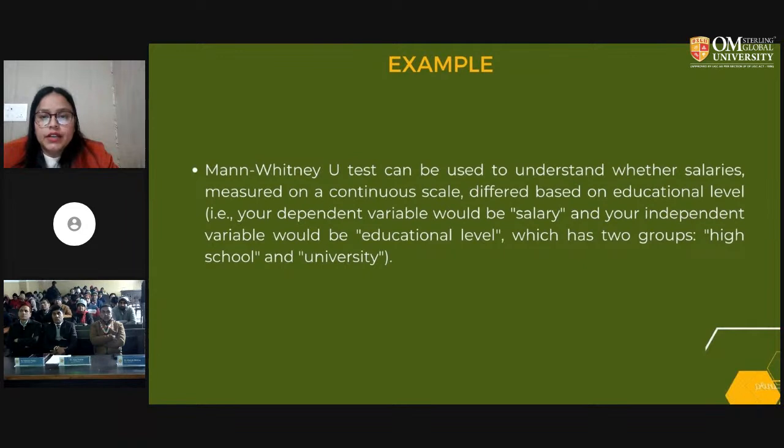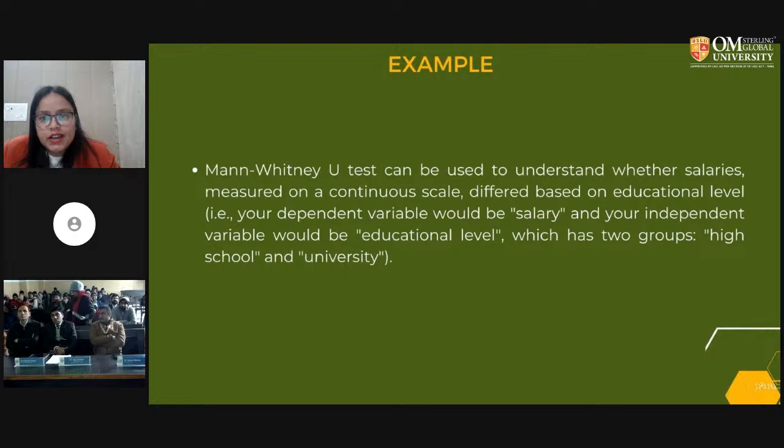The Mann-Whitney U-test can be used to understand whether salaries, which are measured on a continuous scale, meaning ratio scale, differ based on educational level. So here the most important dependent variable is salaries, which is continuous in nature, and you have to find out whether the salaries differ among people who have different educational levels.